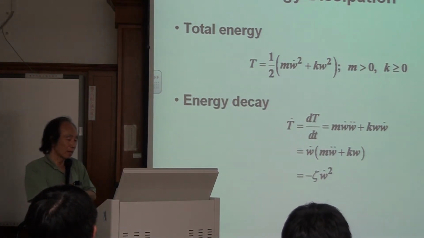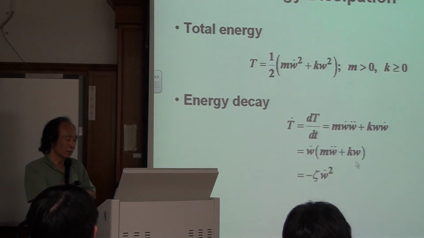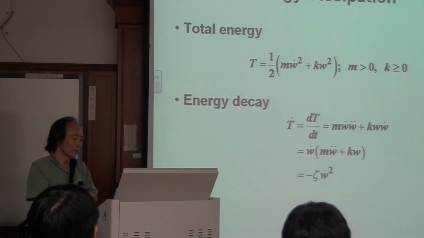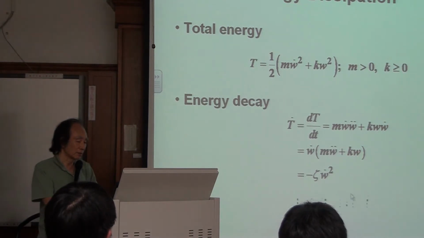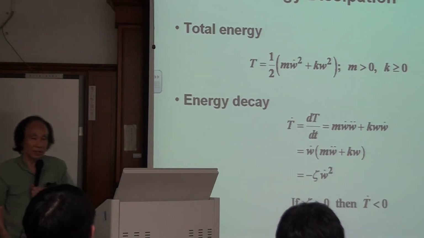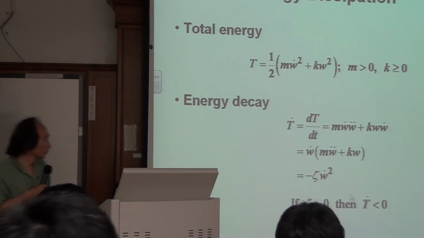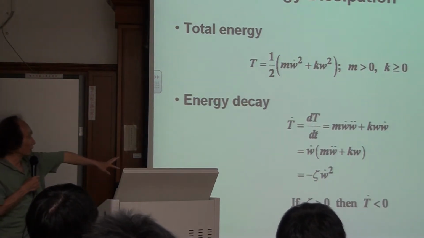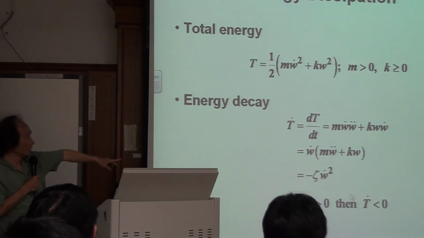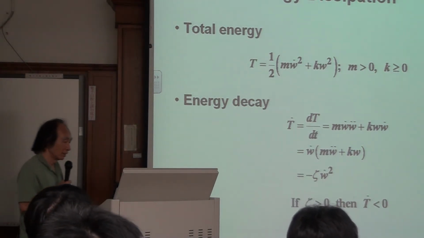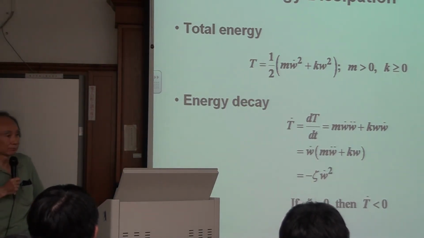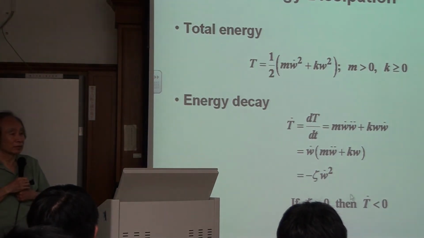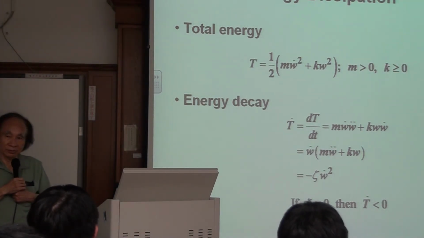Then if we take w dot out, m w double dot plus k w equals minus zeta w dot, so T dot equals minus zeta w dot squared. And if zeta is positive, then T dot is negative. That means the energy is decaying. So this just proves to you that unless you have the direct feedback, unless you have the velocity device, otherwise there's no energy decay. The only device that provides you the energy decay is the velocity sensor.